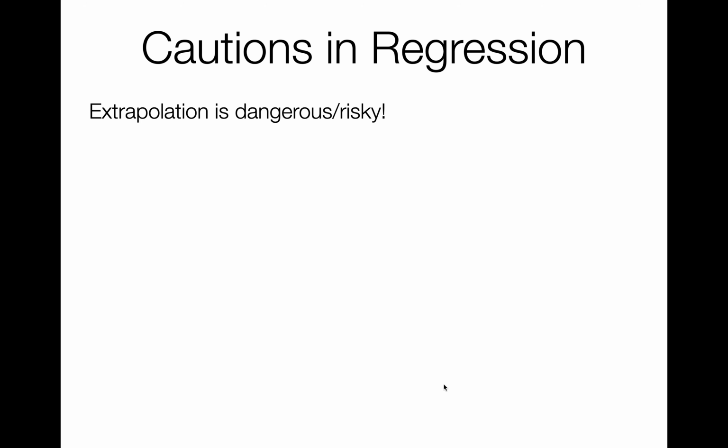The x that I used to predict was way outside of the range of x's used in the data. That's called extrapolation, and it's really dangerous because we don't know what the relationship looks like outside of the range of values that we saw.